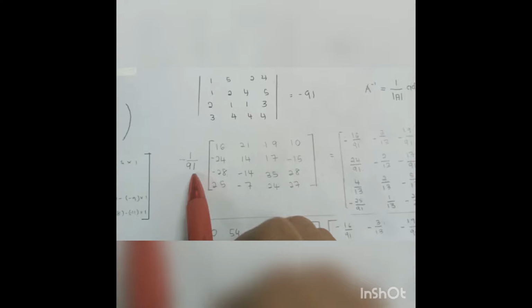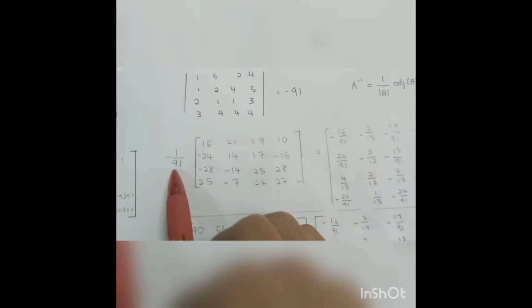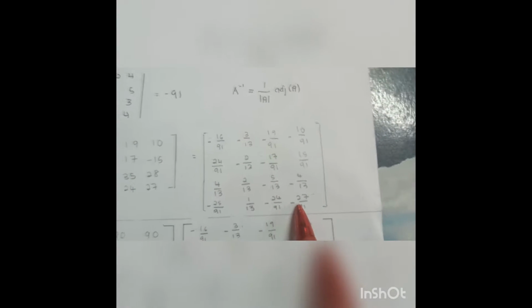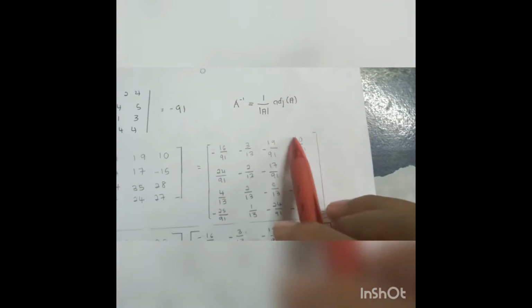And after that, we can use this formula to get the inverse of matrix K1. Using the formula, negative 1 over the determinant, that is 91, we multiply by the adjoint, and we get this answer. This is the inverse of K1.